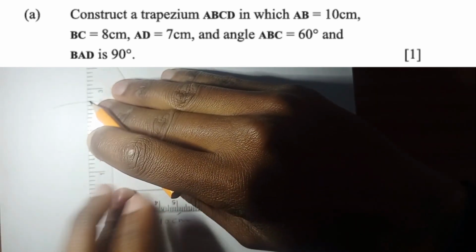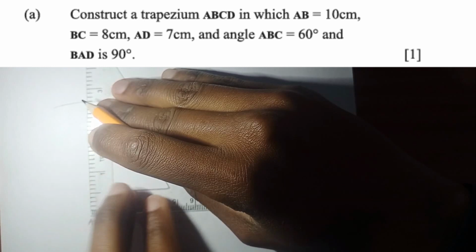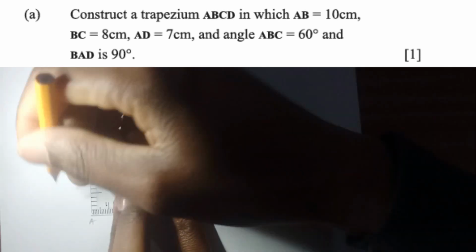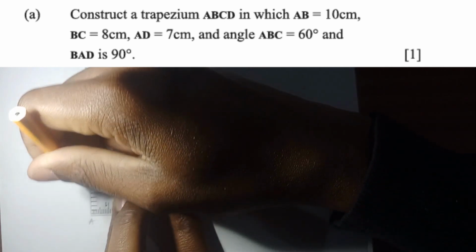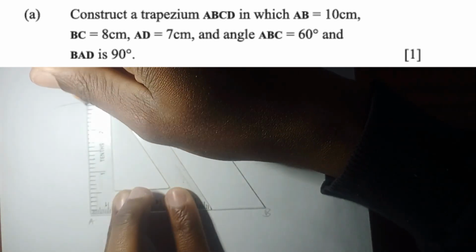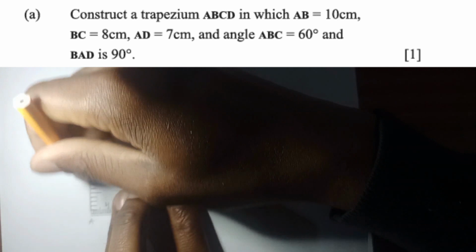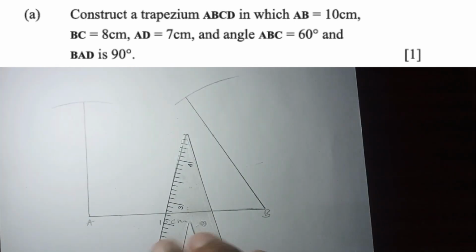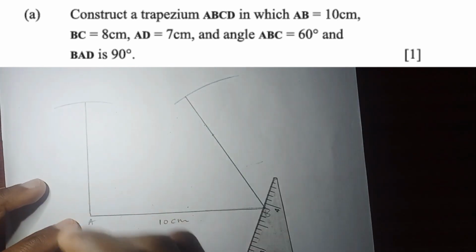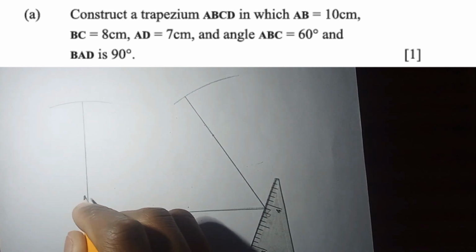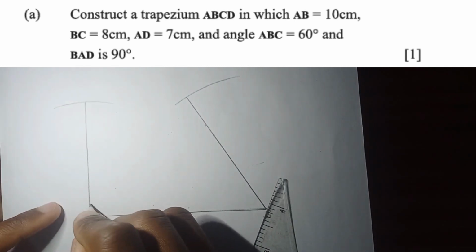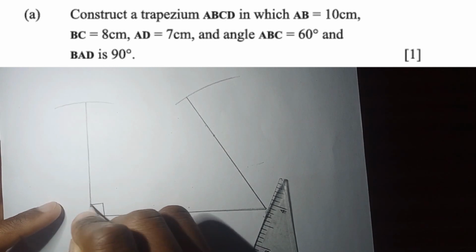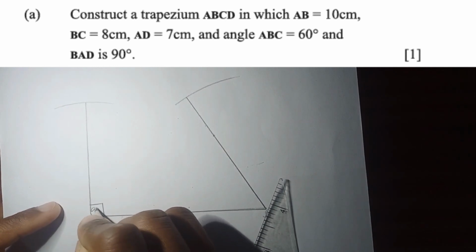Just take your time. There is another way to create a 90 degree angle, but in the exam you are rushing against time, so let us just do this. This is why we have these instruments in our mathematical set, to save us some time. So that is our 90 degree angle. If we want, we can even indicate it with that small square like so, to show that this is 90 degrees.